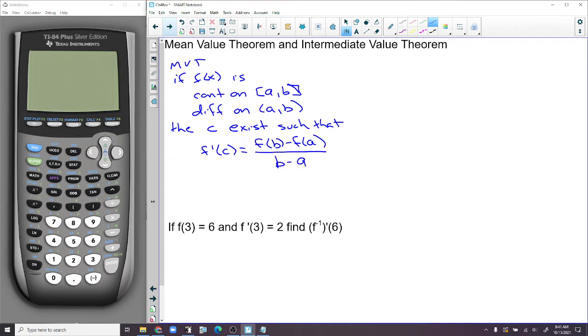So we have the conditions we have to meet in order to have a guarantee. Now, if we don't meet the conditions, that doesn't mean it won't happen. It means it's not guaranteed to happen.